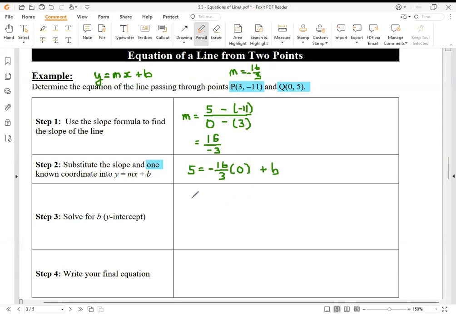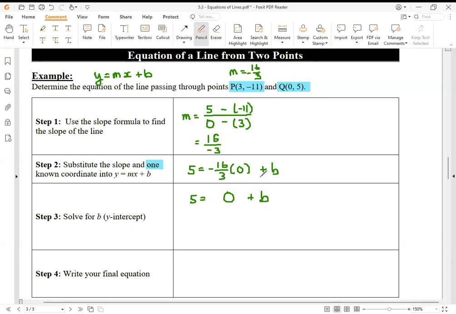Let's solve it. 5 is equal to, what is a negative 16 over 3 multiplied by a 0? Imagine using 3, negative 11. You would have a lot more calculations to do. So choose a number that looks easier or will become easier. There's usually a clear indication of one being easier than the other.